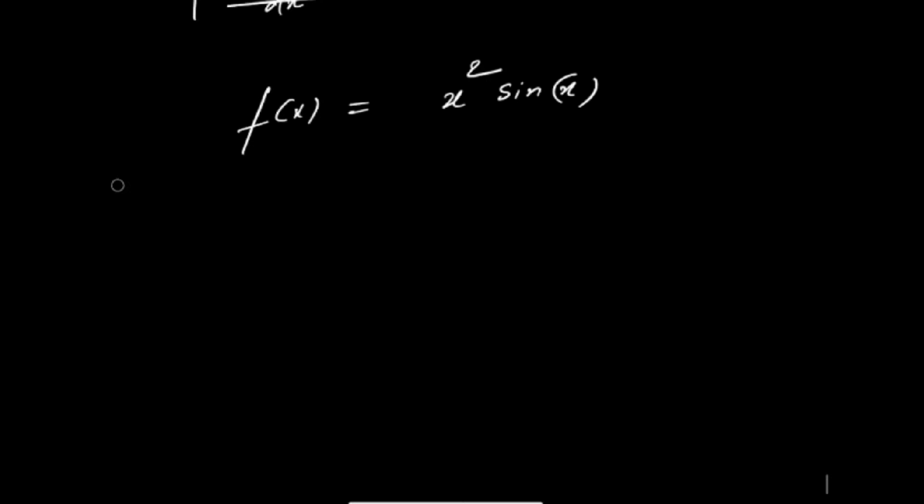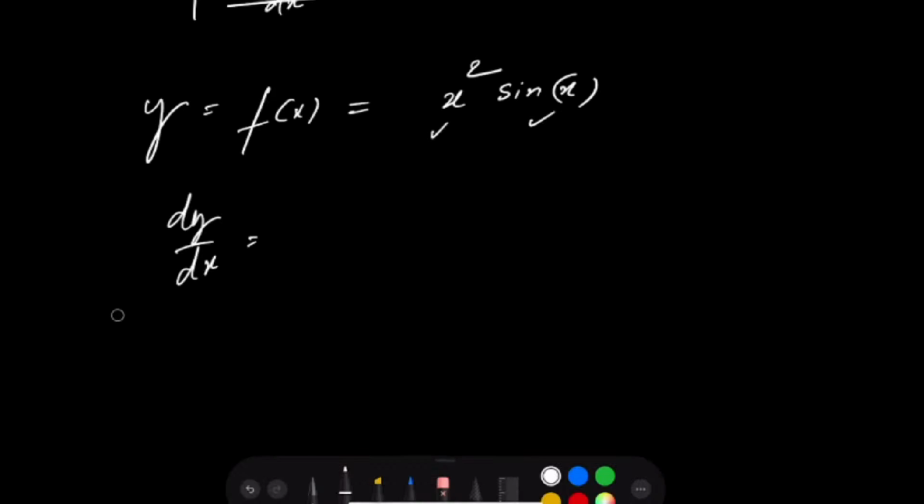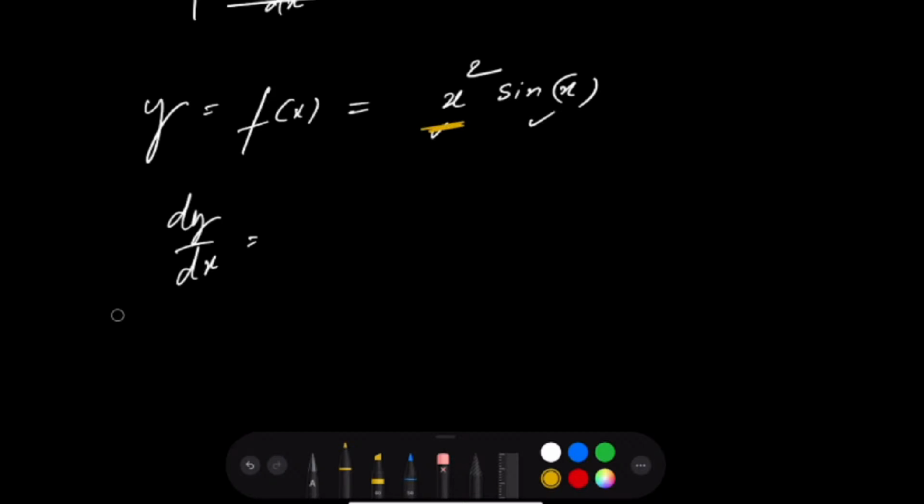So the example is this. If you have a function like f of x equals x square into sin x, you have two functions here, x square and sin x. So what is dy by dx? First you keep x square as it is and multiply it with the derivative of sin x.